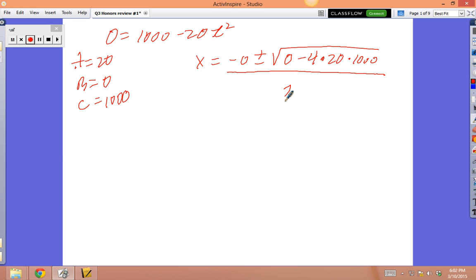Okay, now I see a problem. 2a is going to be 2 times 20. A is a negative 20, so a's got to be a negative 20, and that's going to change that to a negative 20, and it's going to change that to a negative 20. Okay, now I think we're good. So I'm just going to type this in on my calculator.